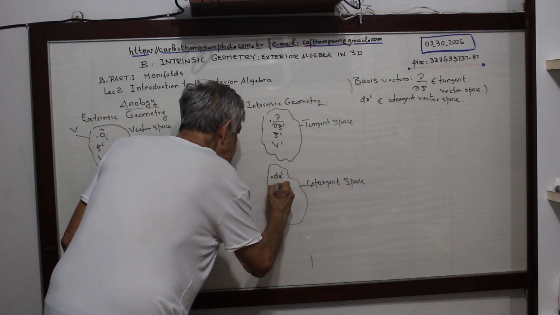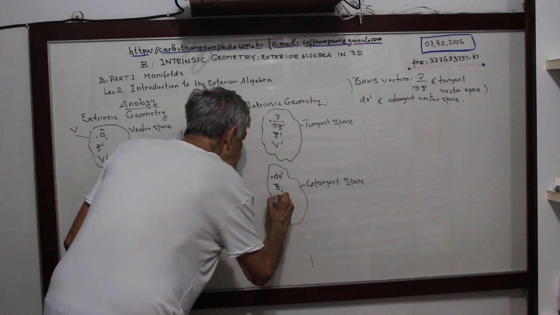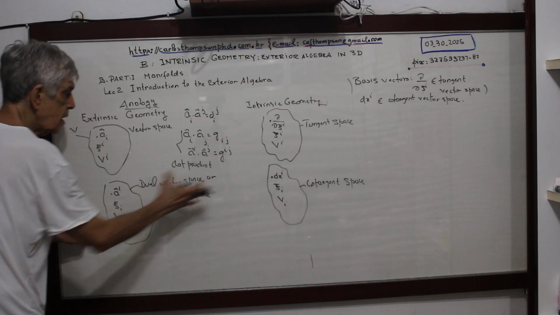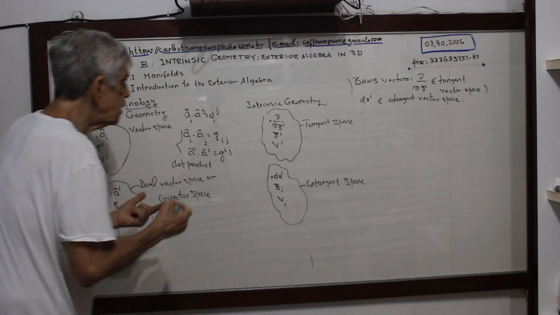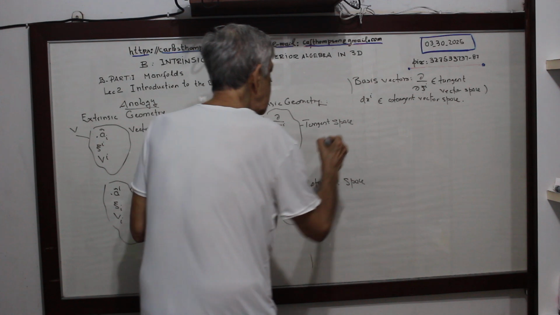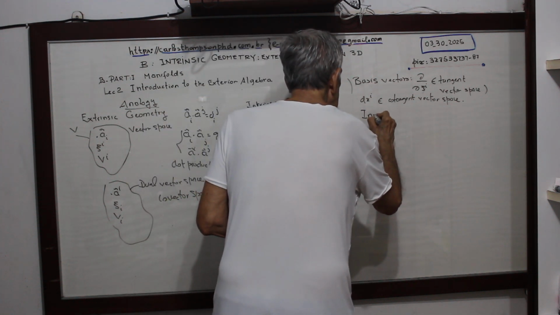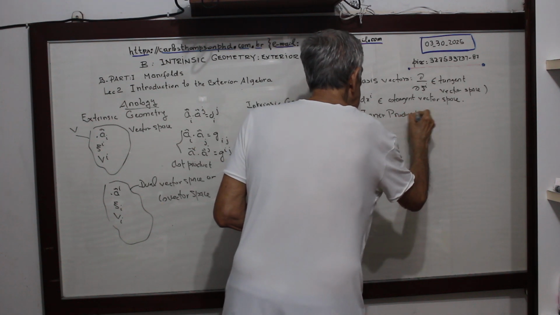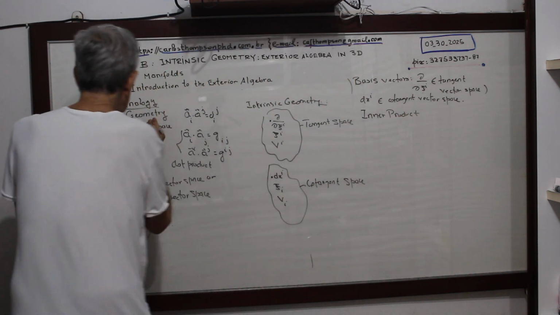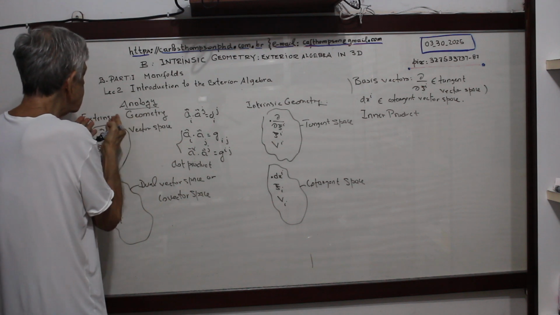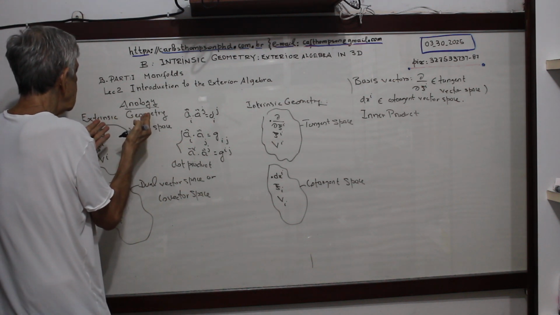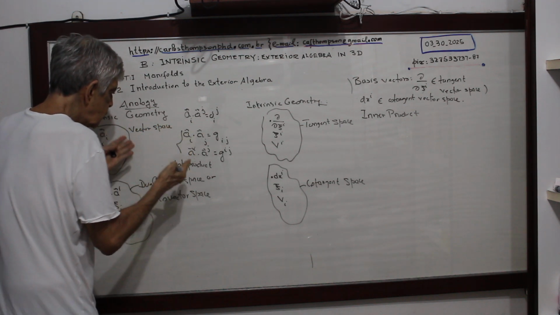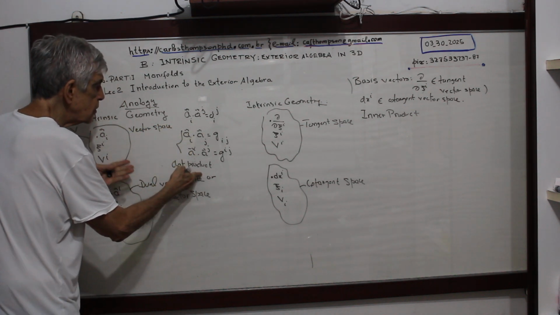This is Ci, this is Vi. You look at here and look at here, okay? It's analogous. So I can write what is called inner product. In exterior, in this case, extrinsic geometry, we talk about dot product.